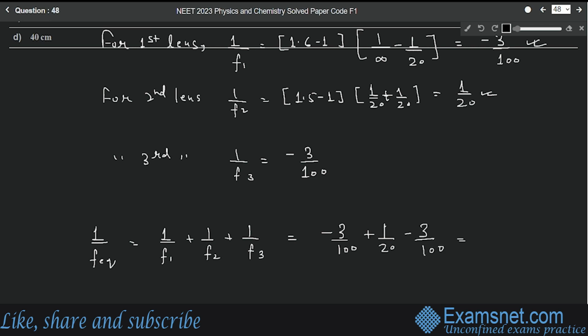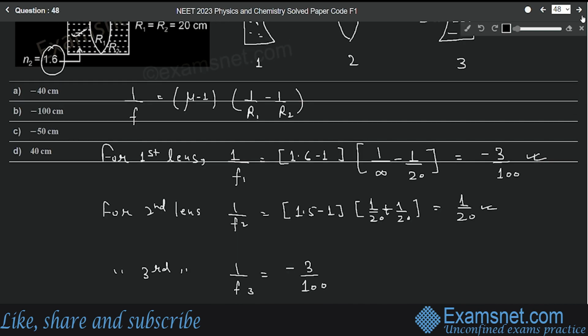So this is equal to minus 1 by 100. This is 1 by f equivalent, but we have to find f equivalent, that means the reverse of this. So minus 100, or minus 10 to the power 2. So let's see, minus 100 centimeter. Yes, this will be the correct answer, option B.